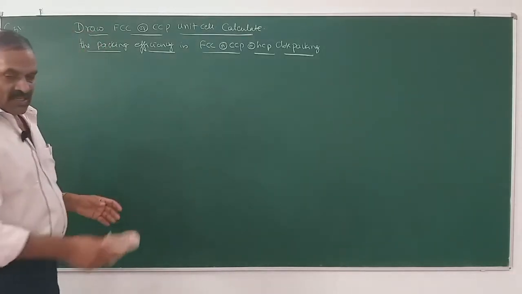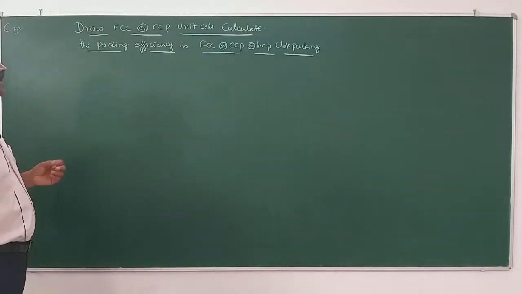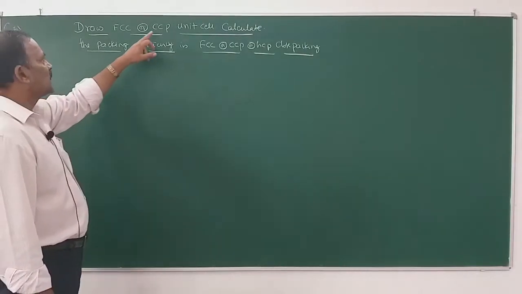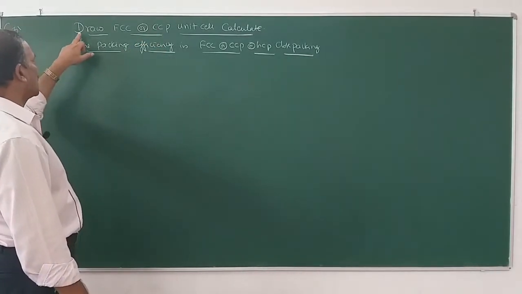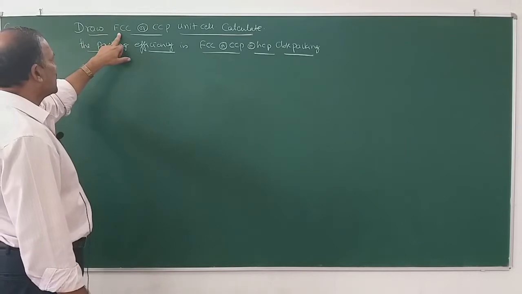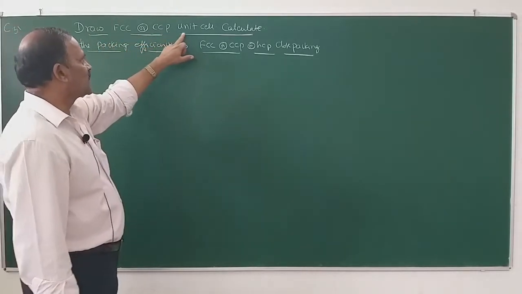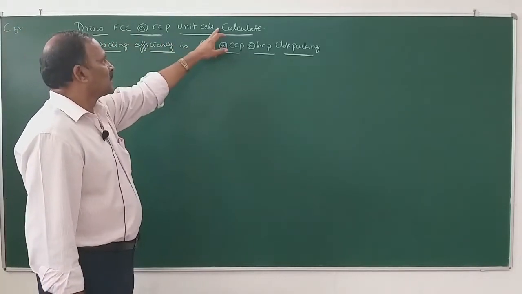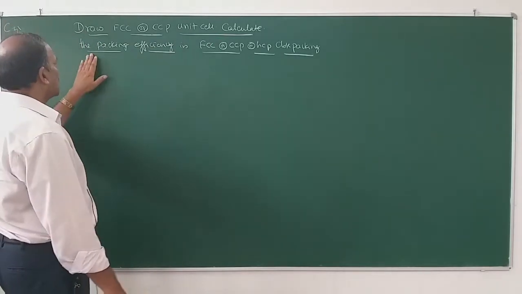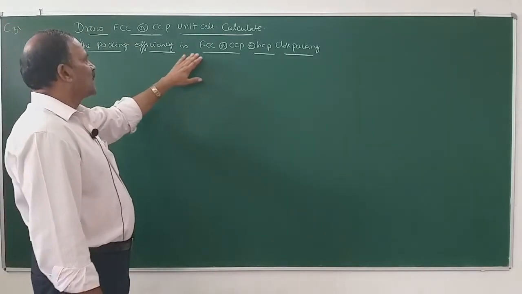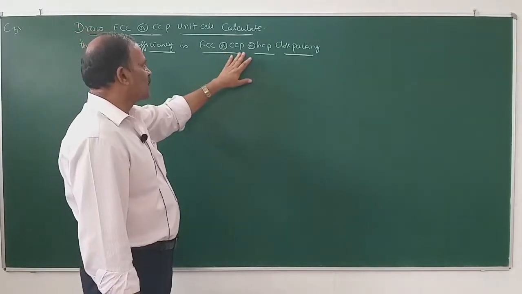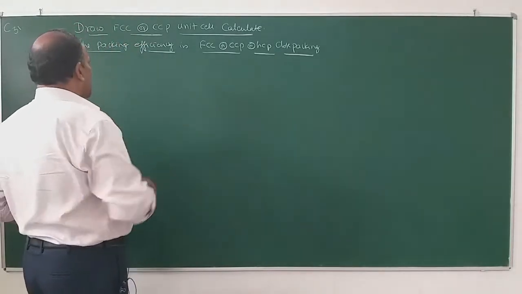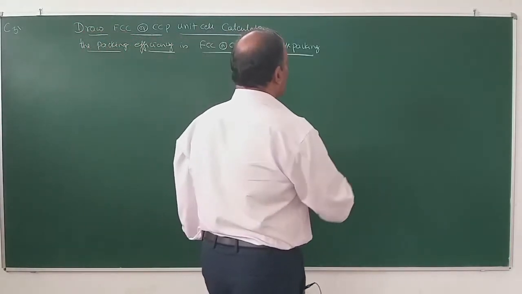So, today we will study how to calculate the packing efficiency in the case of face centered cubic or cubic close packing unit cells. Write down: draw the FCC or CCP unit cell and calculate the packing efficiency. If FCC is asked, write this; if CCP is asked, write this; and HCP is hexagonal close packing. So, this is the figure you have to write.